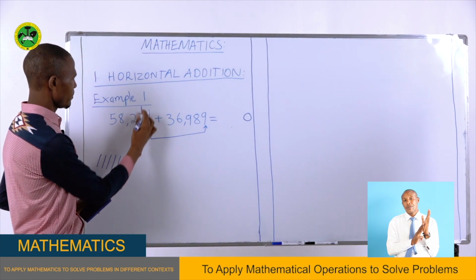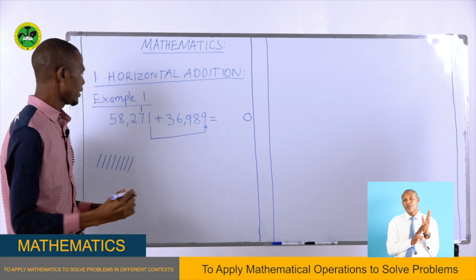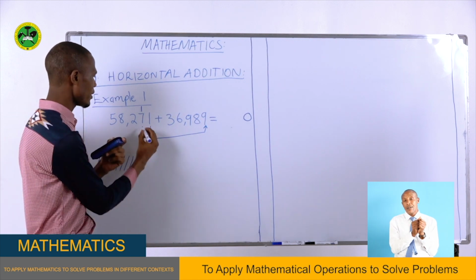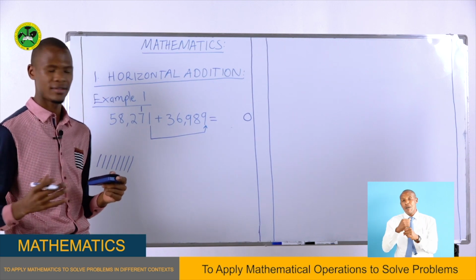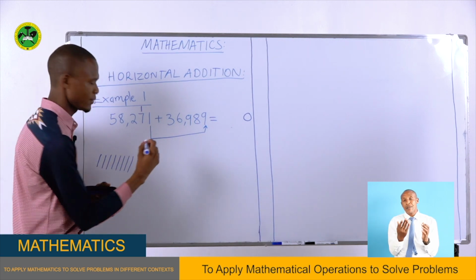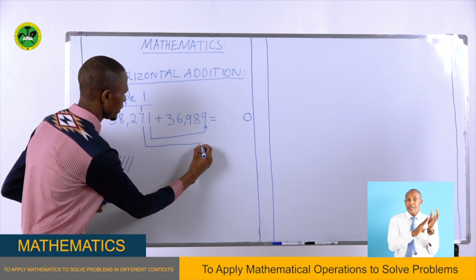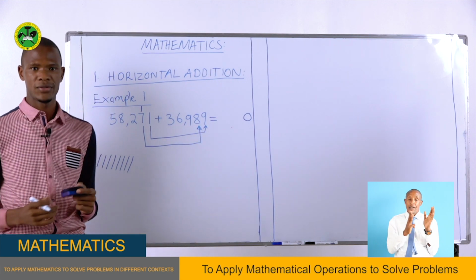This place value, which is in tens, is supposed to be added with the other number found in the second group of numbers, which is in tens. So in this case, we add 8 together with 8.